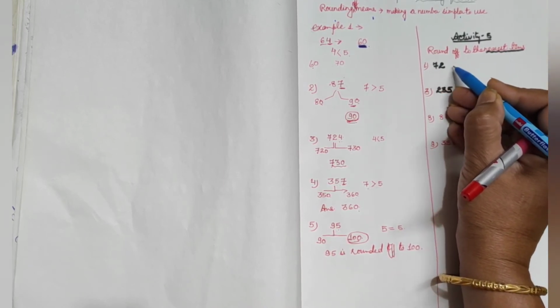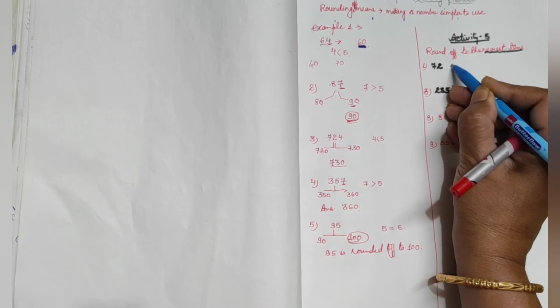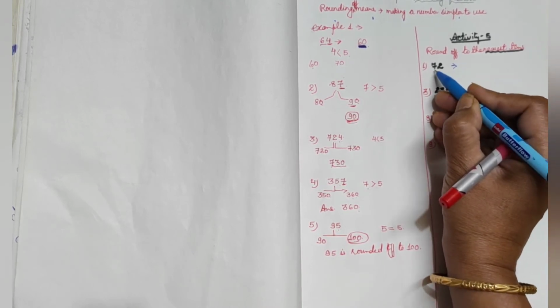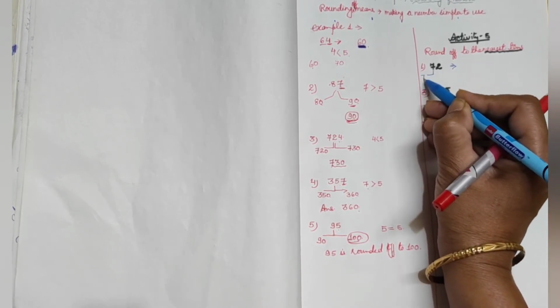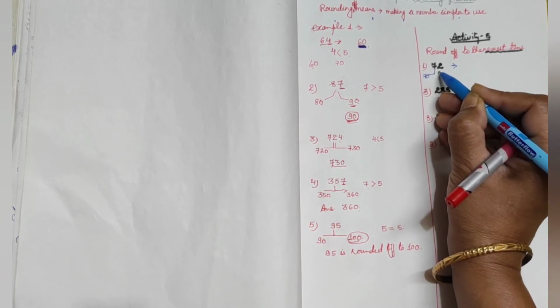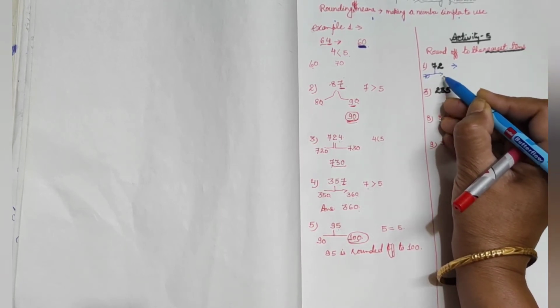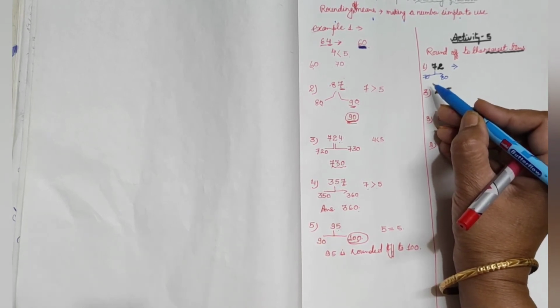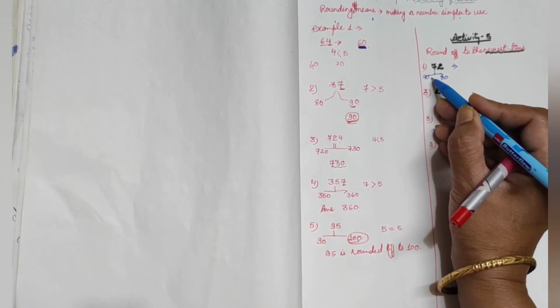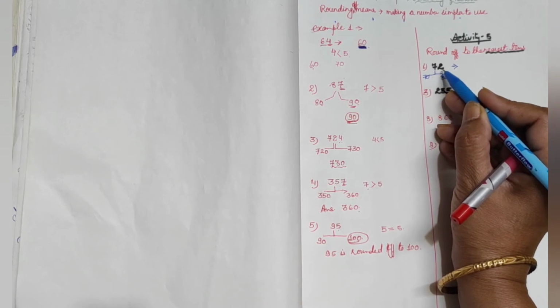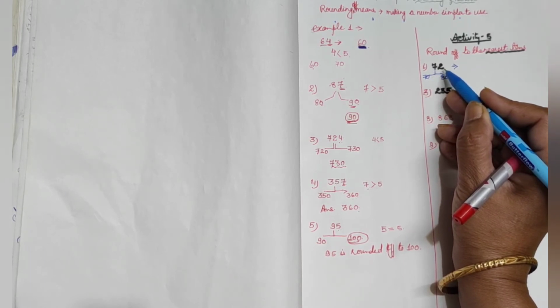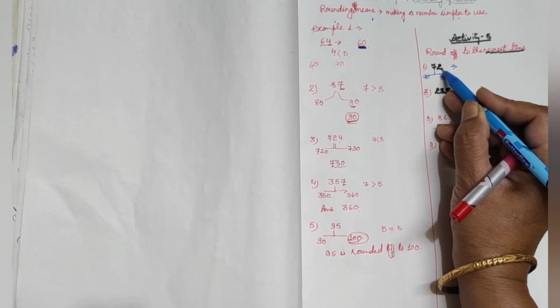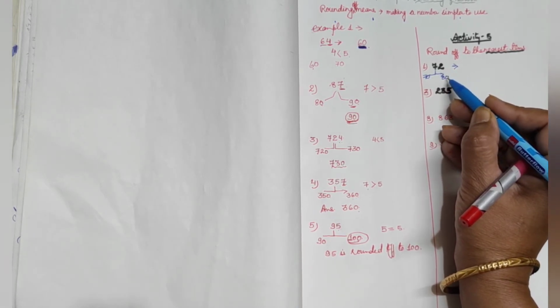Number 1, 72. The lower number is 70 and the upper number is 80. But 72 is closer to 70 than to 80.